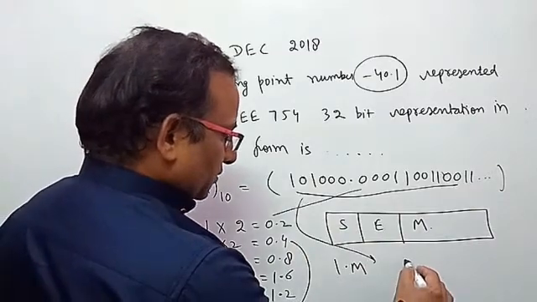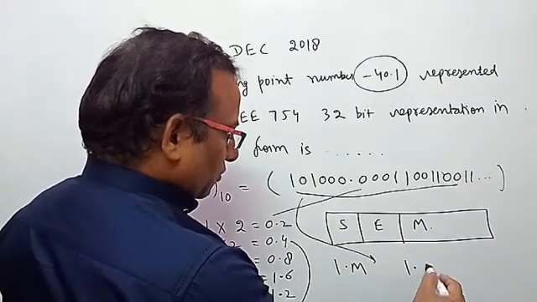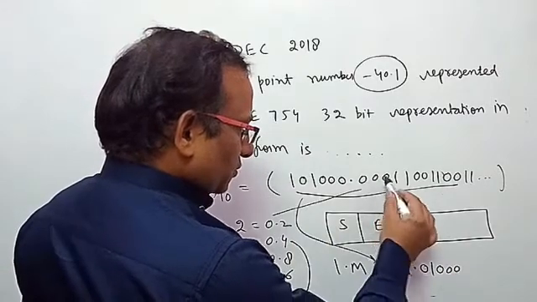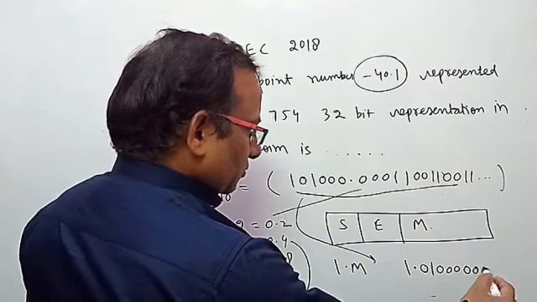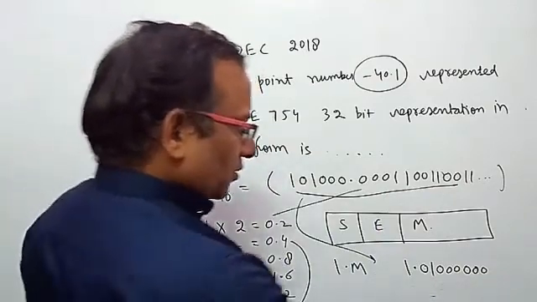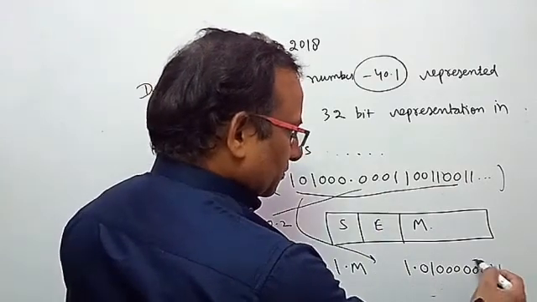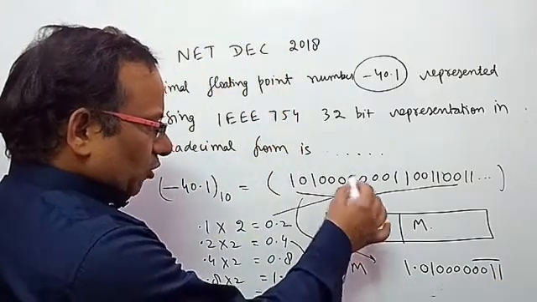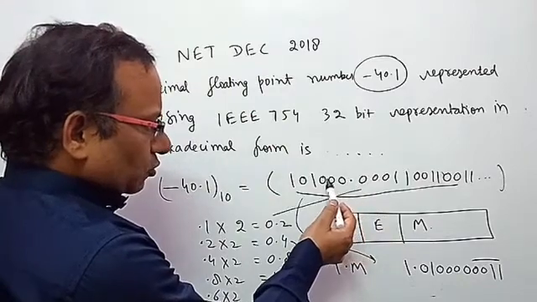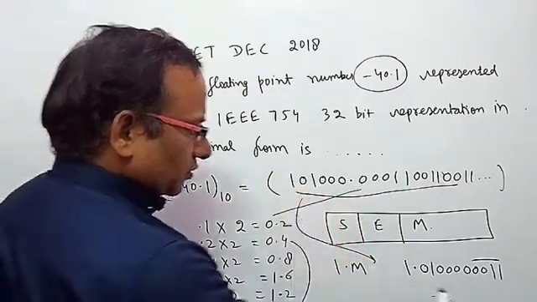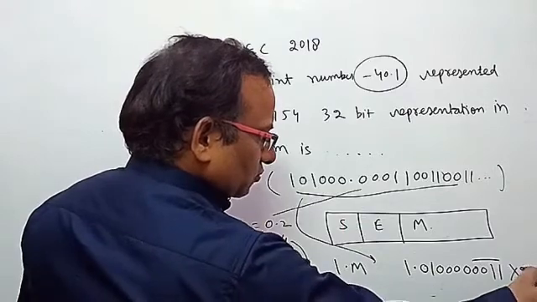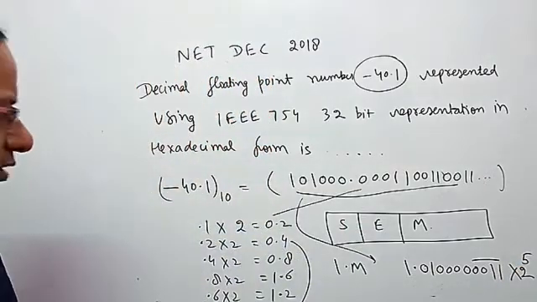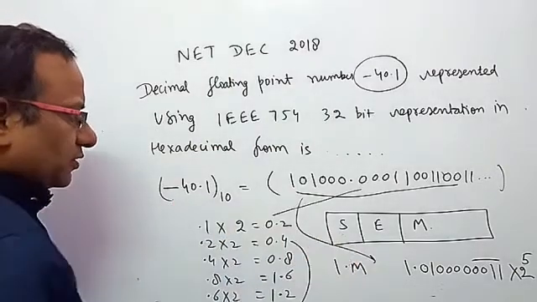So 1 is implicit, then 1 dot 0 1 0 0 0 1 1, and the same pattern will repeat. Now by how much have I shifted this? 1, 2, 3, 4, 5. So I should write it as 2 raised to the power 5. This is the true exponent. The number is negative, so the sign bit will be 1.